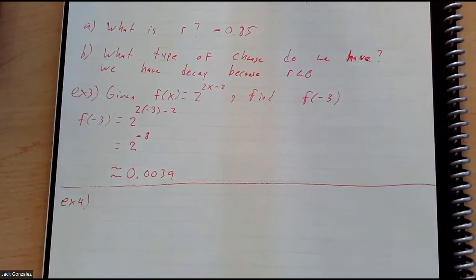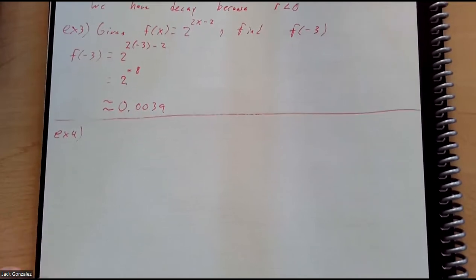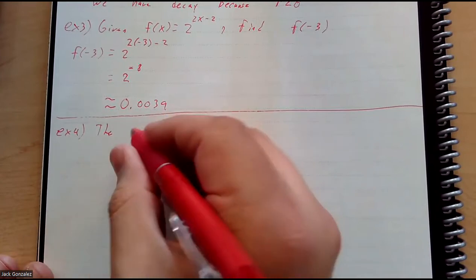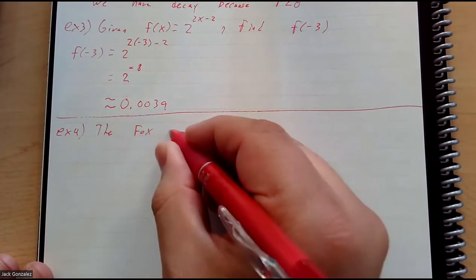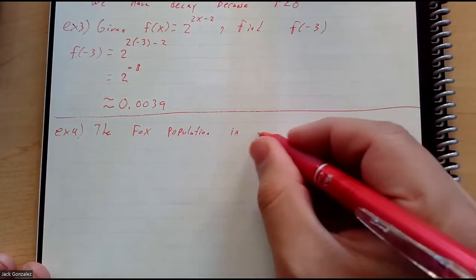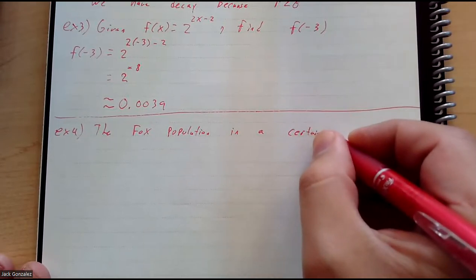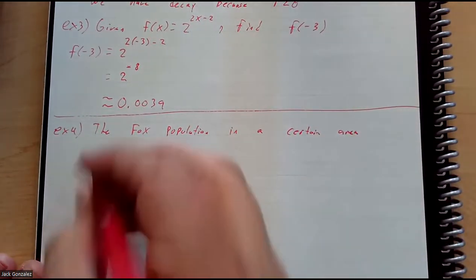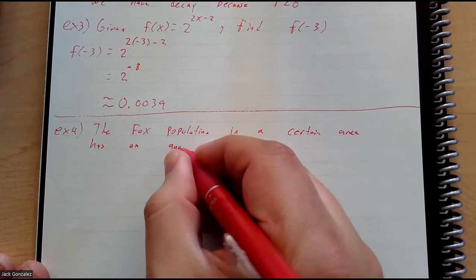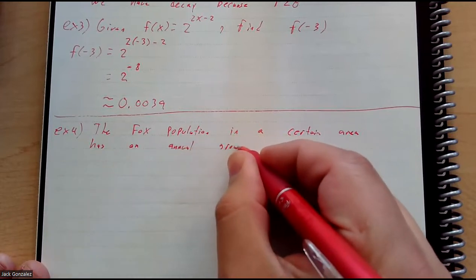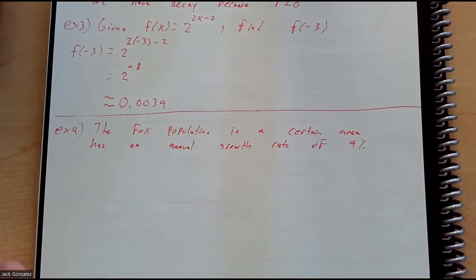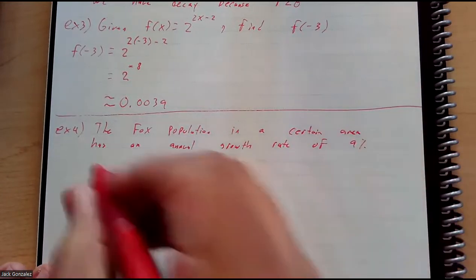Let's do another word problem. Let's use this fox question. So the fox population in a certain area has an annual growth rate of 9% per year.